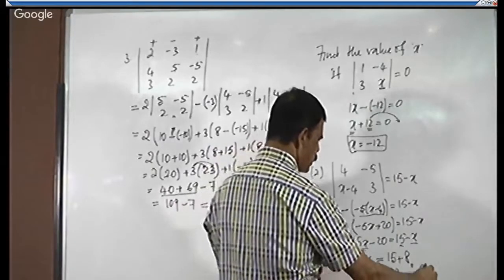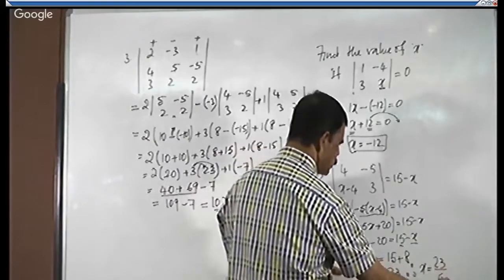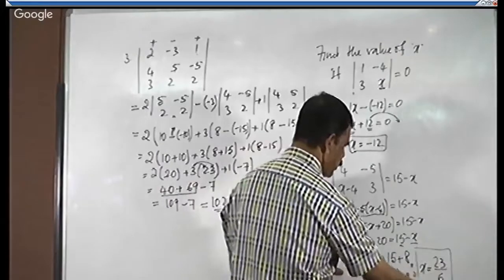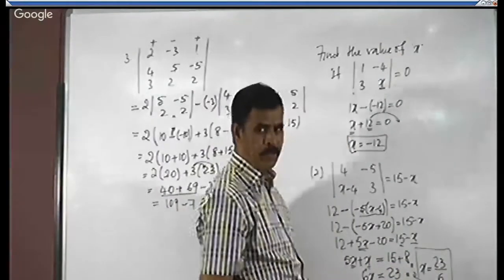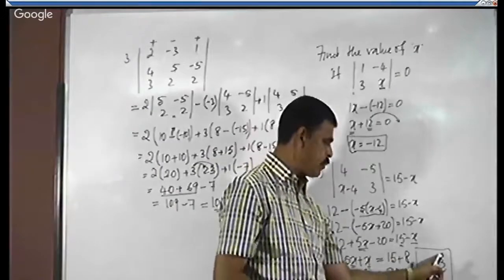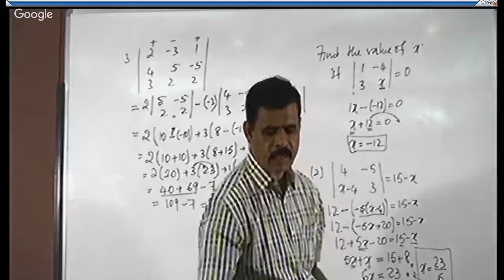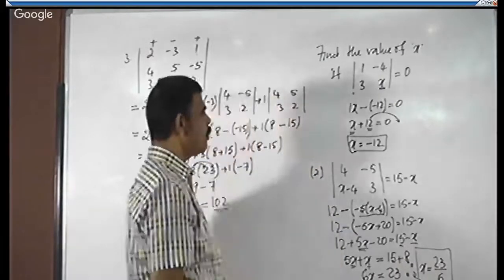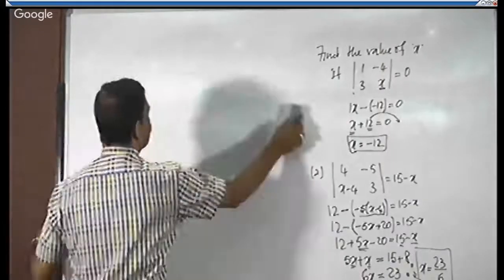Therefore, x is equal to 23 divided by 6. If both divide by some number, you can divide it. Otherwise, you write as it is. This is the way in which we can find out the value of unknown.